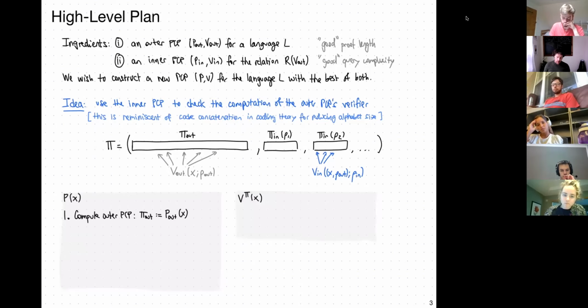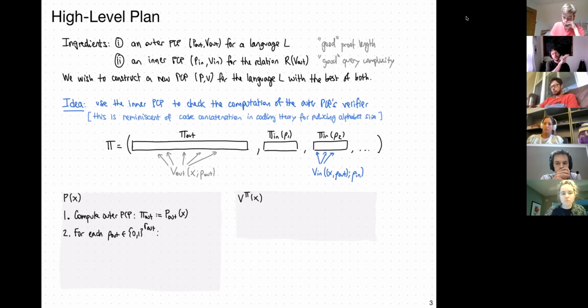So we start by computing. Let's see what the prover would do. We'll compute this outer PCP, P out. Think about it as we have an NP assignment for a 3-SAT formula or quadratic formula. We then get the Reed-Muller PCP or whatever PCP of our choice, and we write this thing down. Then we enumerate over every choice of random coins that the verifier might have.